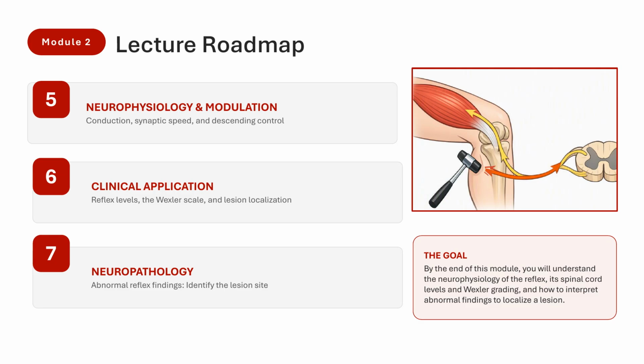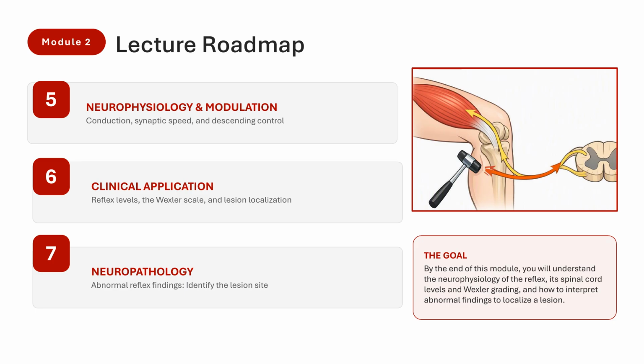Here's the path Module 2 will take, divided into 3 chapters. Chapter 5, Neurophysiology and Modulation, examines how the reflex signal travels, the conduction of the impulse, the speed of the synapse, and the descending control from higher centers that can either facilitate or restrain the response.